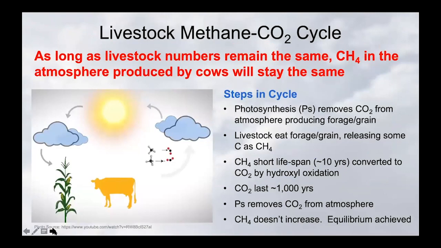The other thing that Dr. Mitloehner has pointed out, and I think it's a really good point, is that as long as our livestock numbers stay the same, the methane being emitted by the cows will basically stay the same. And that's because it's all in a big cycle. If you remember, methane only lasts about 10 years. Our cows eat plants, and plants grow because of a process called photosynthesis.